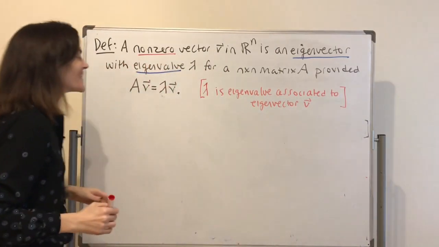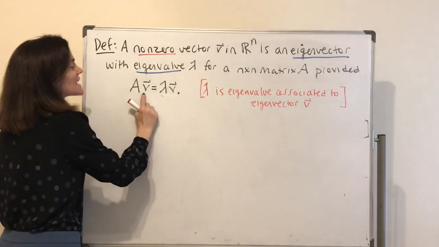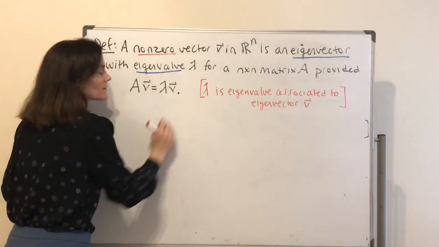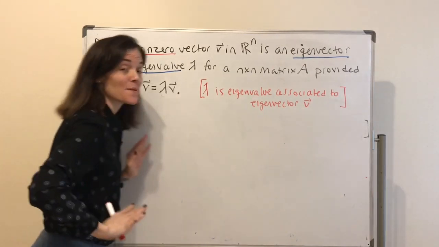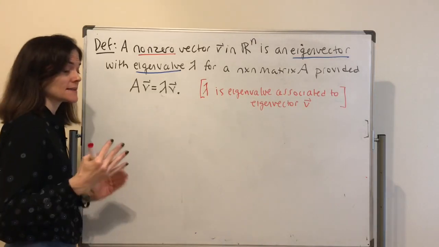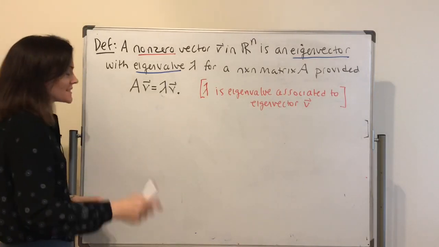What this says is that when you take A times V, it's a multiple of V, or A times V is parallel to V. This is what it says if V is an eigenvector.